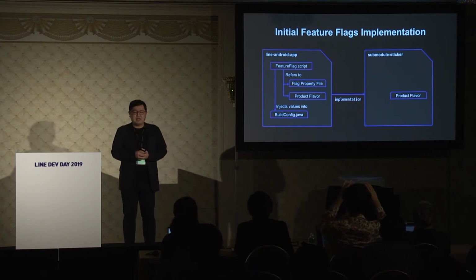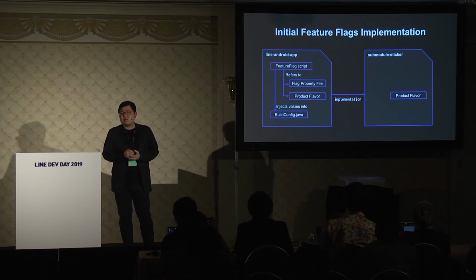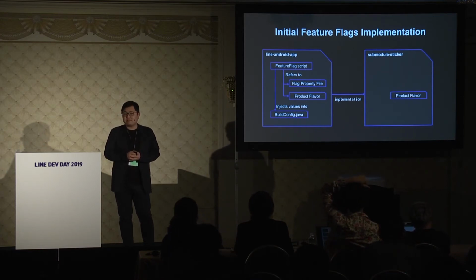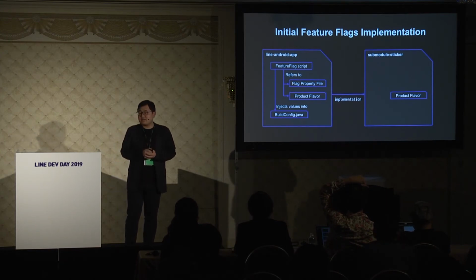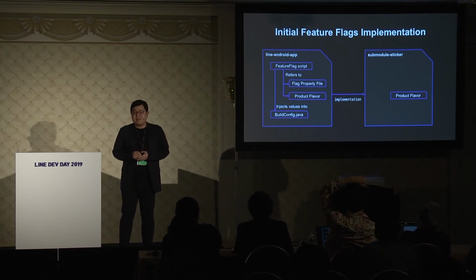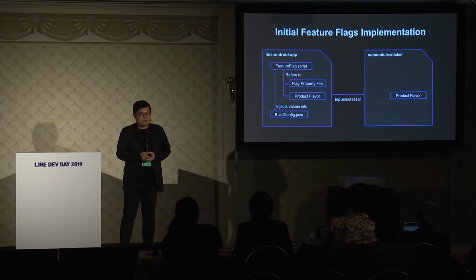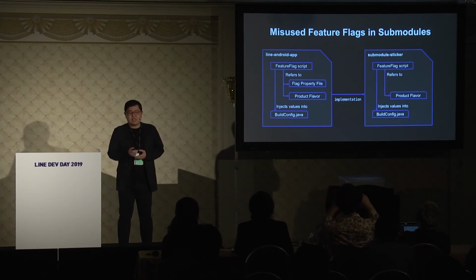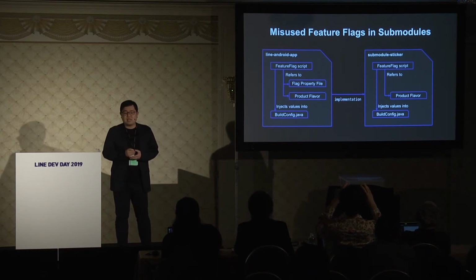Such information is referred to, and based on that, the BuildConfig class value is written. Before the multi-module, the feature flag was required only by the main module, the app module, and the value should be generated by looking at the inside. But there are three issues since we used this script without knowing its implementation.